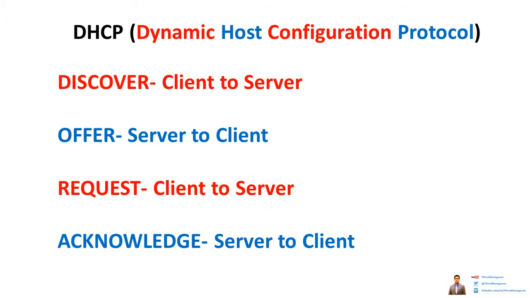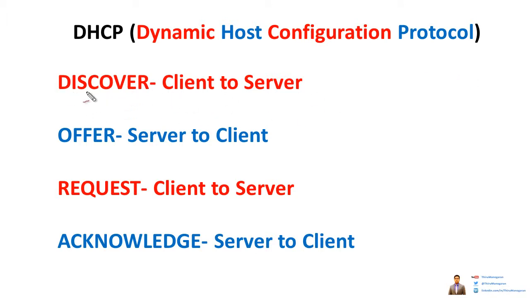What process happens when a client needs an IP address from the DHCP server? First, the client sends a broadcast message on the network saying that it's looking for a DHCP server that can provide an IP address.